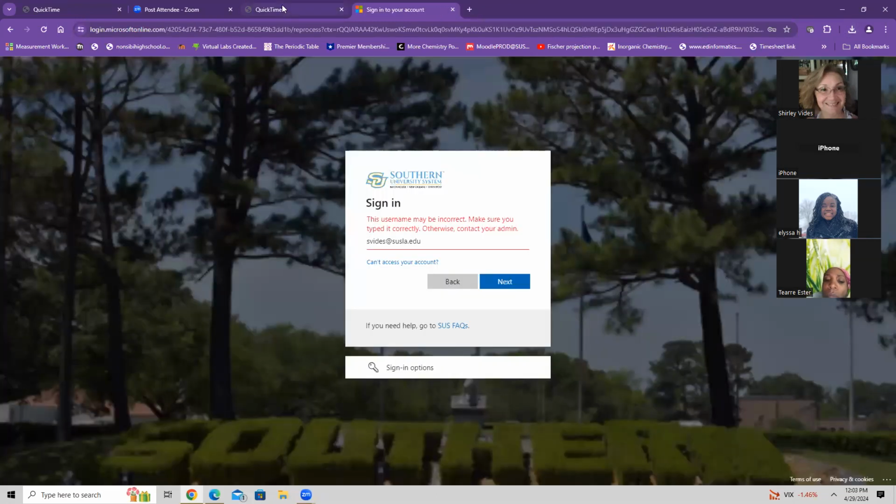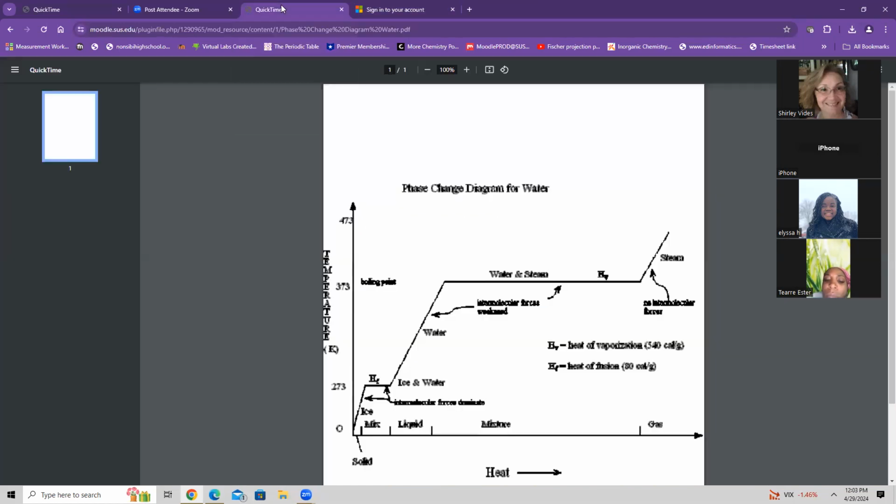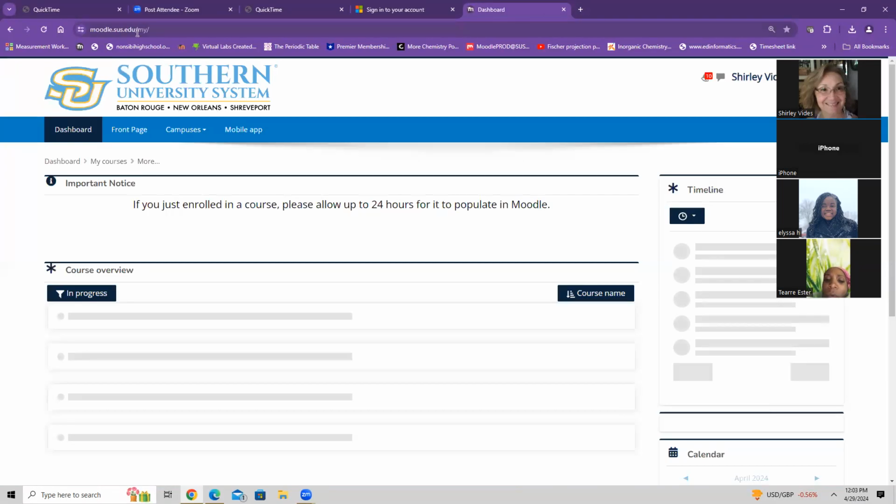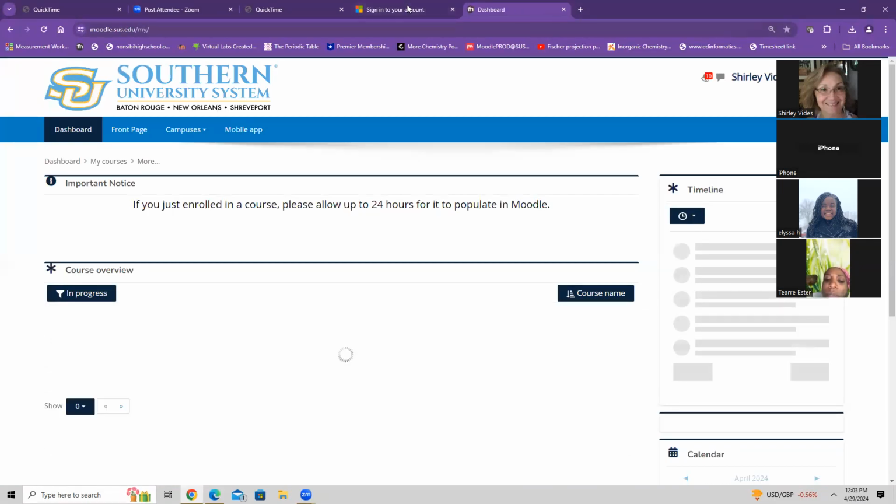I was showing Alyssa that when I first looked at that, I cannot get into my Canvas account. So I can't work on it. Oh boy. Okay, so back to... Will it take you back if you hit the back arrow on the one with the QuickTime? I don't know. I could try. Let's see.